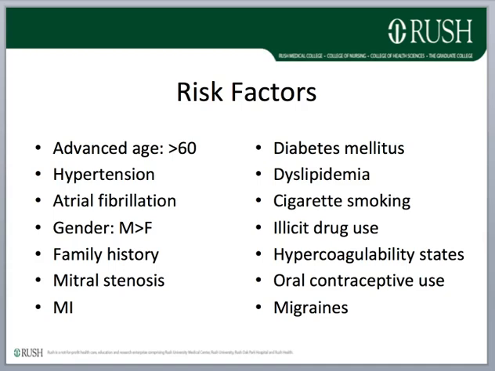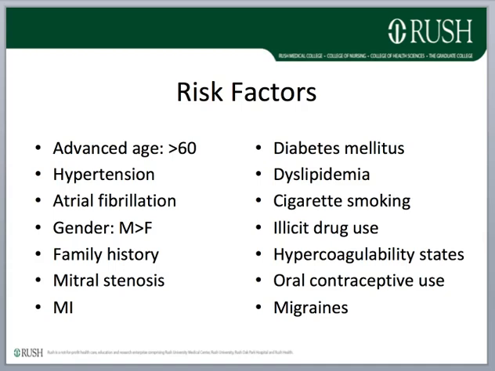Perhaps this is related to a familial tendency to increased platelet activation or adherence. Mitral stenosis and left atrial enlargement contribute to the risk of embolic stroke. MI and stroke coexist in 2 to 6% of patients.